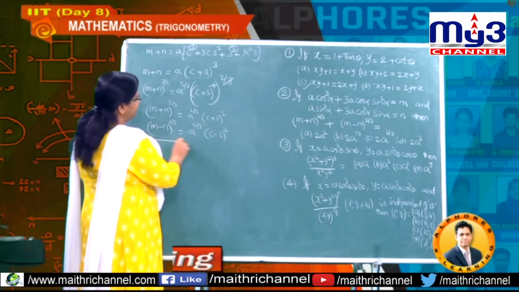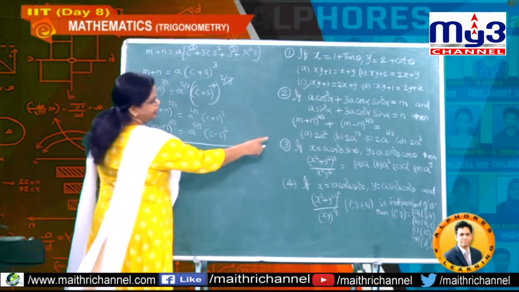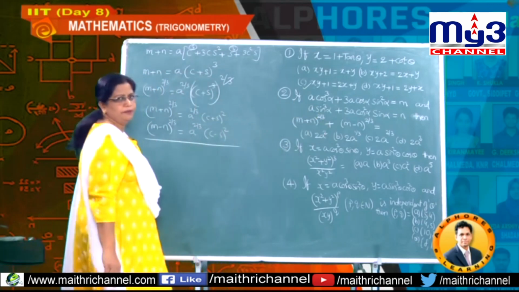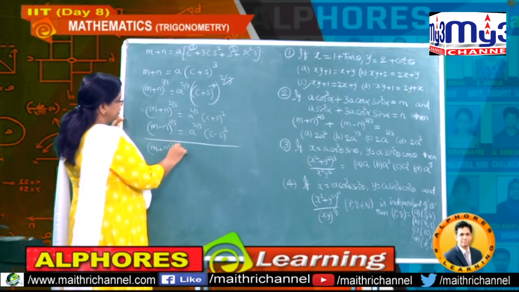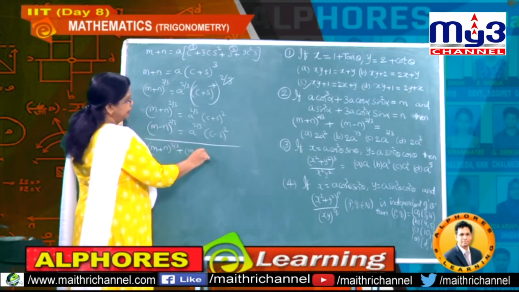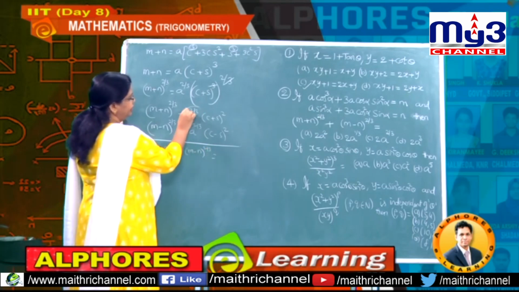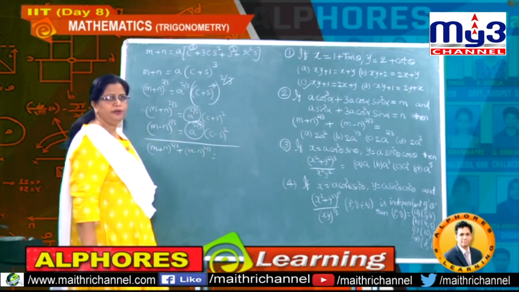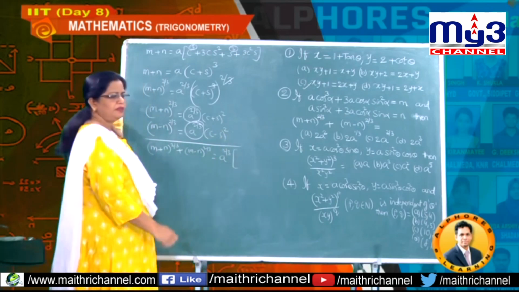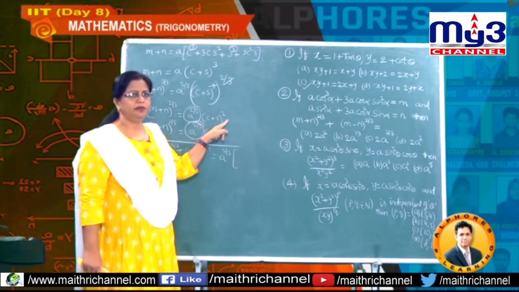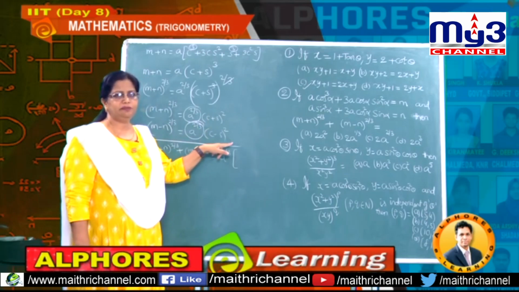Now they added these two values. Here the plus symbol is there, so I am adding (m plus n) power 2 by 3 plus (m minus n) power 2 by 3, and again which value can you take common here? A power 2 by 3. If I take a power 2 by 3 common, this is (a plus b) whole square plus (a minus b) whole square.